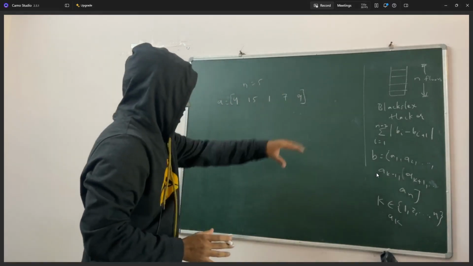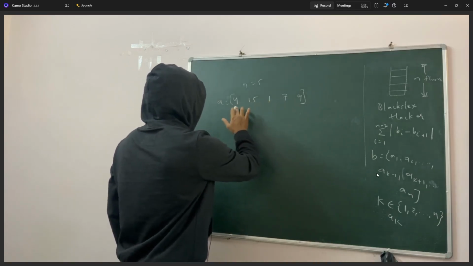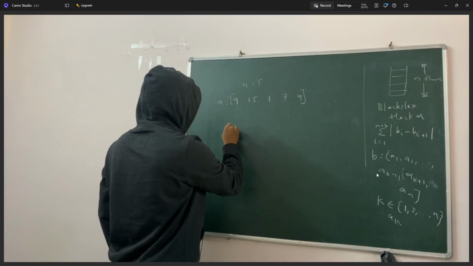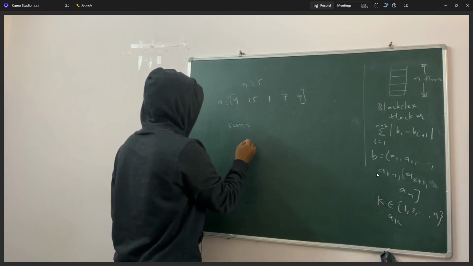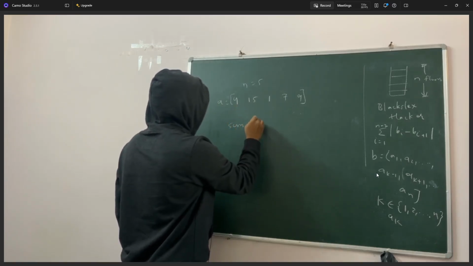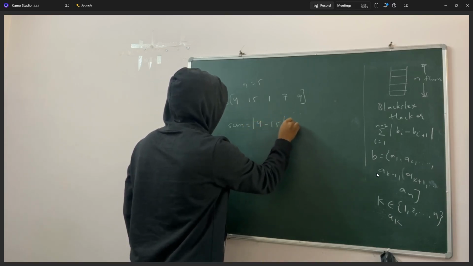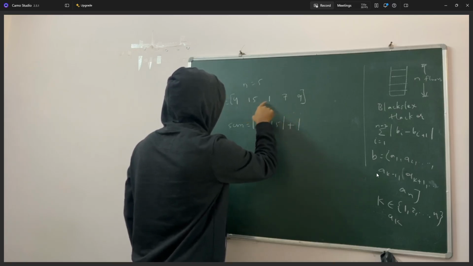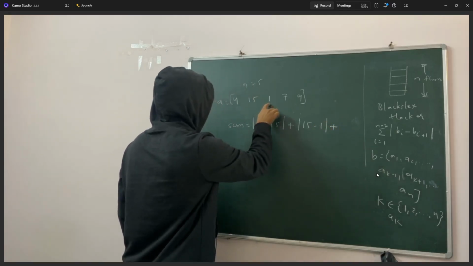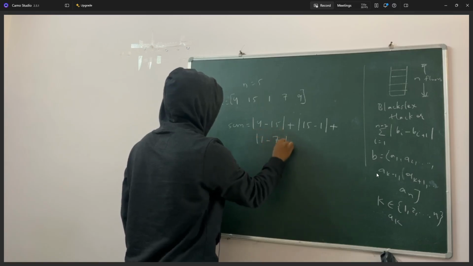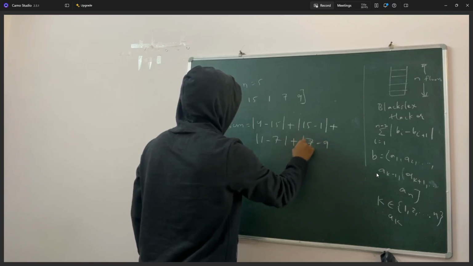Let me again break down the problem. What they're actually trying to say is they have given this array A. Now you take one sum: first element minus second element, then add second element and third element, then add third element and fourth element, and so on.